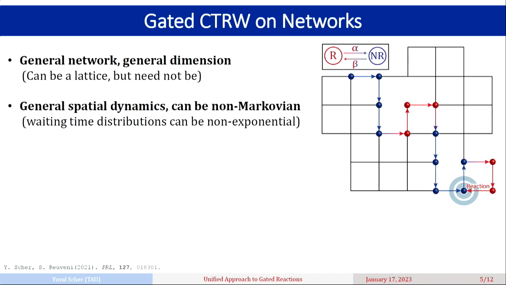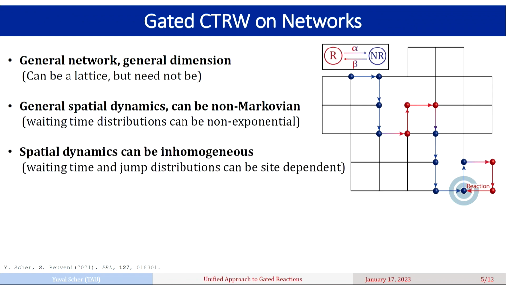It means that the waiting time in each site doesn't have to be exponential. And also, of course, it can be non-homogeneous. Every site can have a different waiting time. The only thing that matters here is that once we set the rules, they do not change with time.